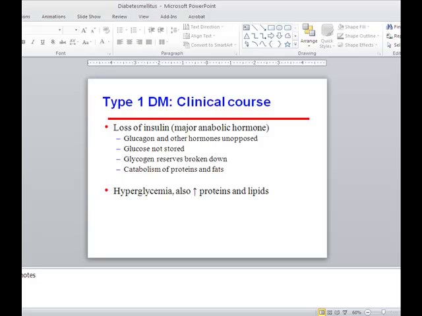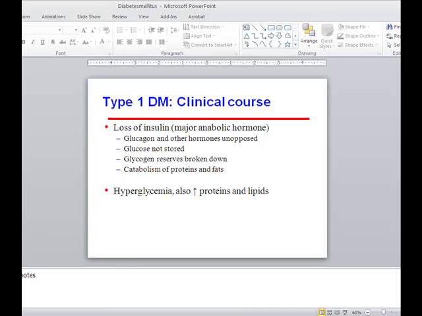And we've seen that the other functions of insulin are to promote the storage of fats and proteins. They're not stored, and in fact the catabolic processes of lipids and proteins are promoted, and basically you lose all kinds of fats, proteins, and carbohydrates. And so, along with hyperglycemia, you may also see elevated levels of proteins and lipids in the blood.